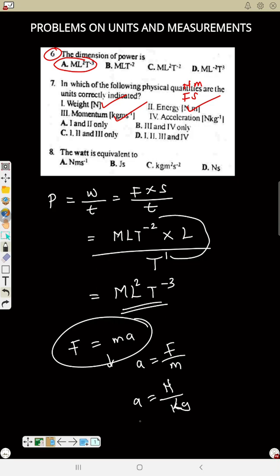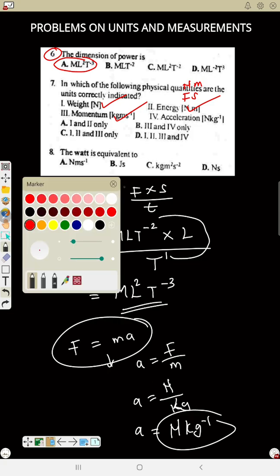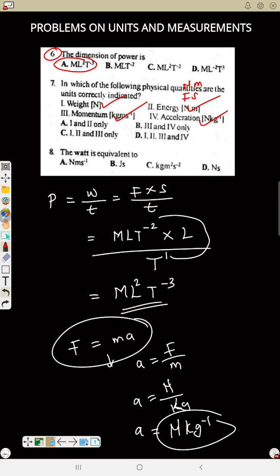That means acceleration here can be Newton per kilogram, which is actually correct. So that means everything is correct. So the correct answer is D. So 1, 2, 3 and 4. So everything is correct.